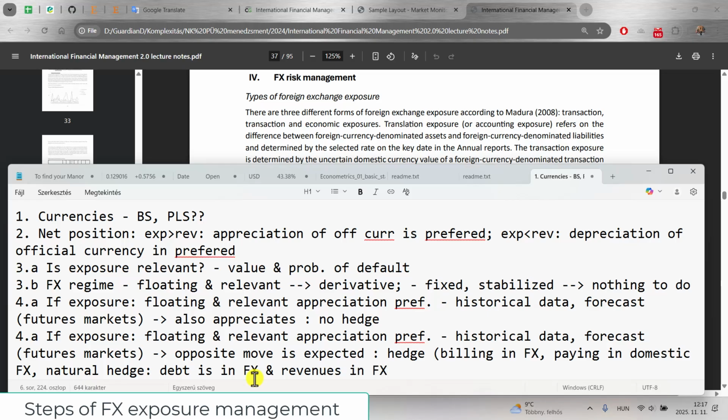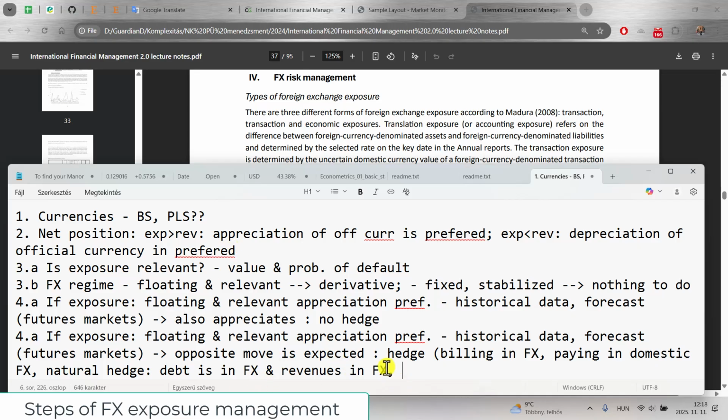So in this case, it doesn't matter, because if you are realizing all our revenues in US dollars and also our debt is in US dollars, if there is any kind of fluctuation in the euro, then our expenditures will change back and forth, but otherwise our debt payments are at least secure. So this is also what many people try to do, or companies at least.